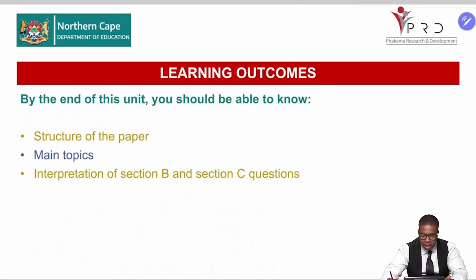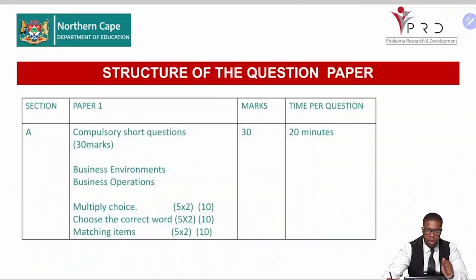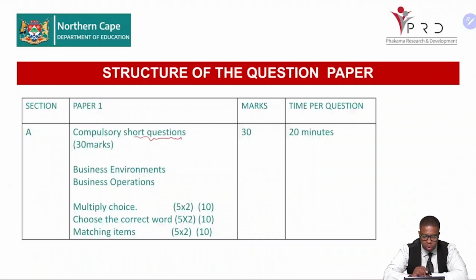Now, let us start with our first part, which is the structure of the paper. This is Paper 1, and the paper is structured in this manner. It has section A, section B, and section C. Section A assesses compulsory short questions, and these are allocated 30 marks.